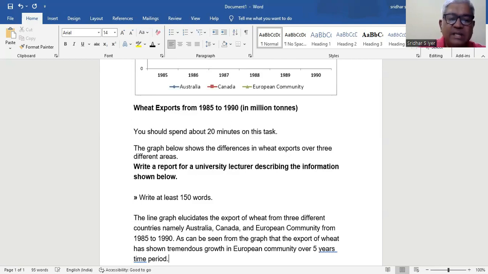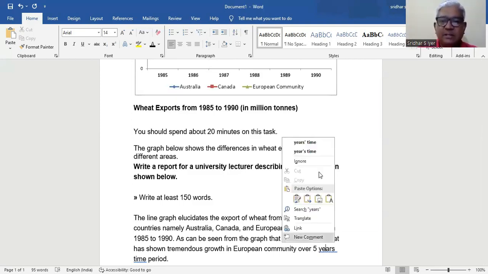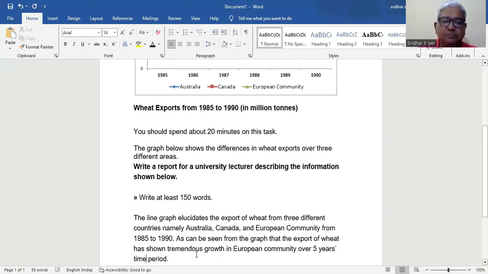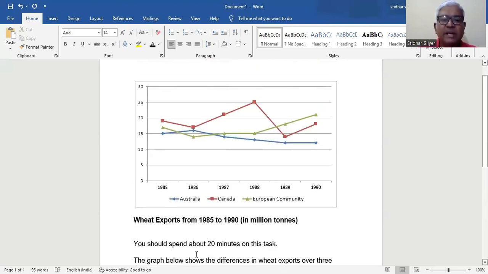So this is what I see as different from any other thing. Of course, there's an increase, there is a slump and everything. But then this is one thing that I see, that in European community, there is an increase of at least 5 million tons. So I'm going to say that.